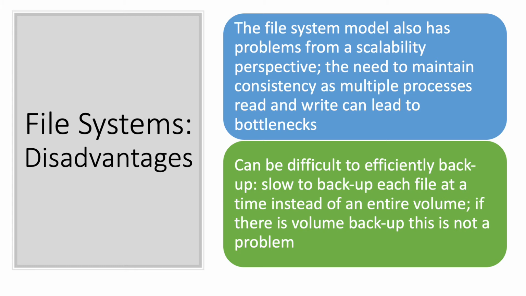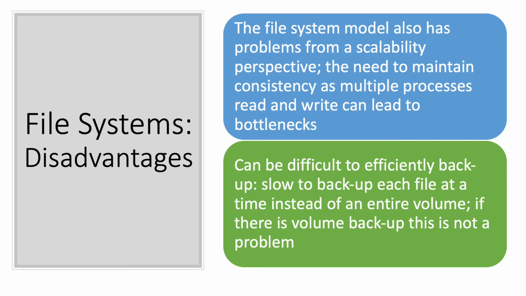And so the problem is that you have to have a way to maintain your consistency as you have multiple processes reading and writing, and you don't want bottlenecks. And often you can have that when you have this real extreme number of files that are being written and read from. So we have a problem in scalability, and often you're going to the cloud for scalability.